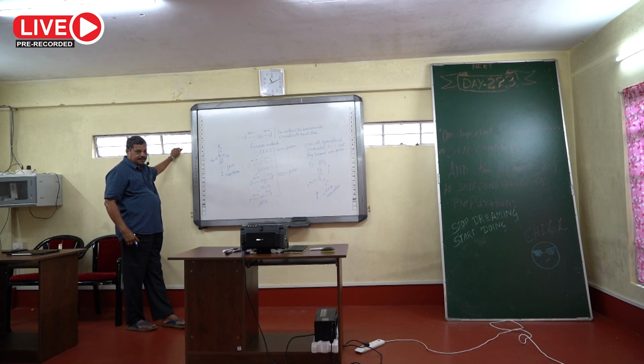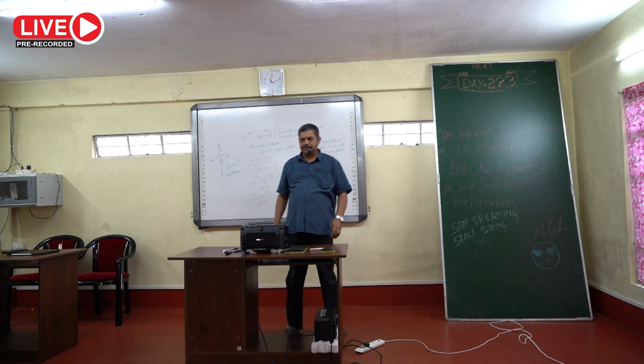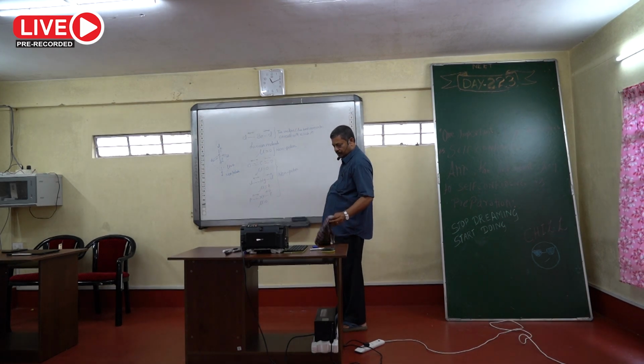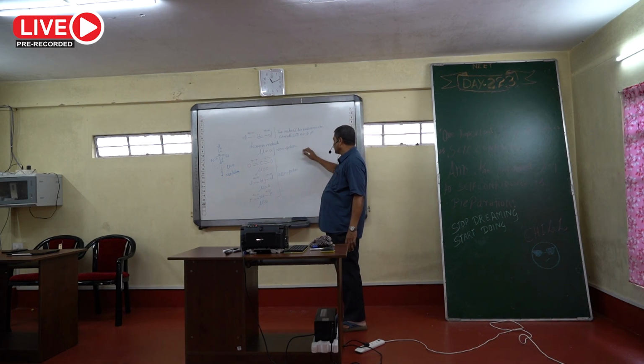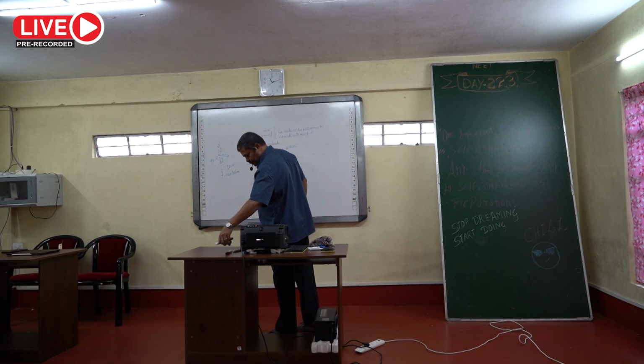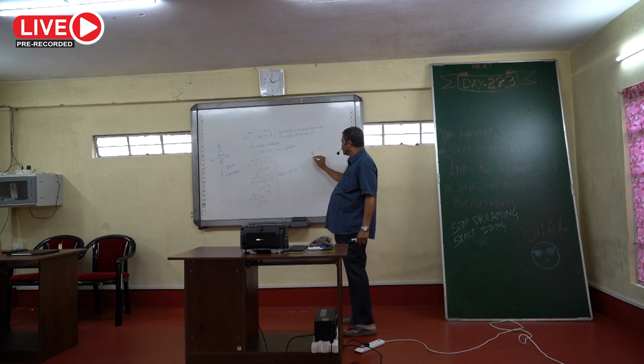In geometrical isomerism, trans isomers have 0 dipole moment. Dichloroethene.